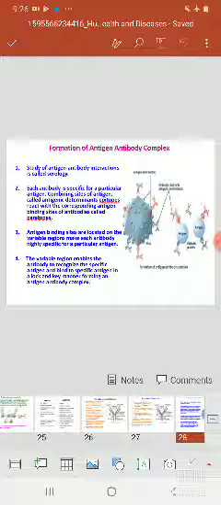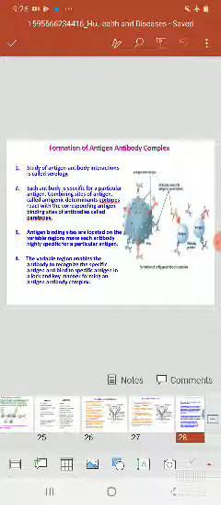Now, the formation of the antigen-antibody complex. The study of antigen-antibody interaction is called serology. Each antibody is specific for a particular antigen. The combining sites of antigens, called antigenic determinants or epitopes, react with the corresponding antigen binding sites of the antibodies, that is the paratope.